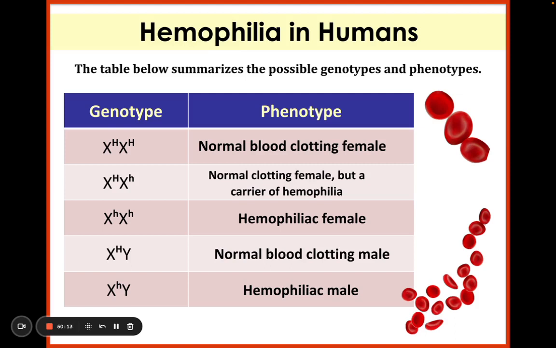That is not good, because that increases your chances of getting genetic disorders like that. And what would happen is we would see a lot of females be carriers, and they would marry their close cousins, and then their children would have hemophilia, right?